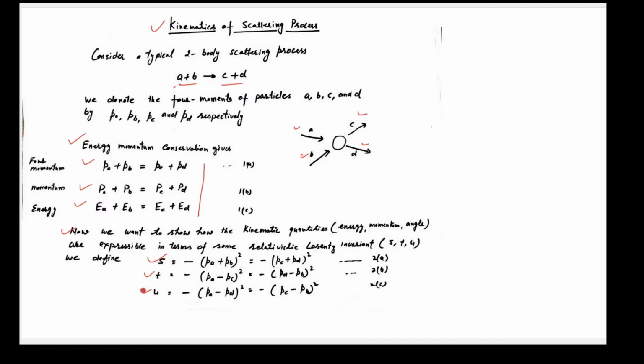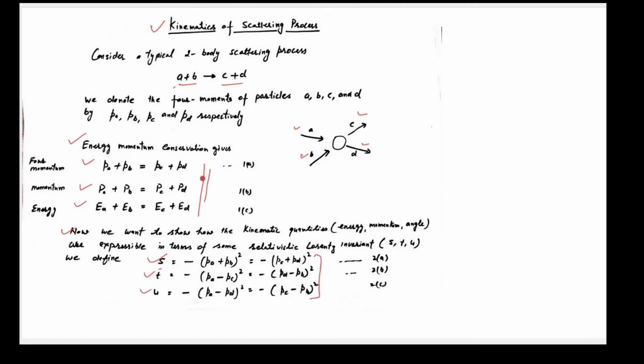So we want to find a relation of energy, momentum and angle in terms of S, T and U, where S is equal to minus (P_A plus P_B) squared, T is minus (P_A minus P_C) squared, and U is minus (P_A minus P_D) squared.